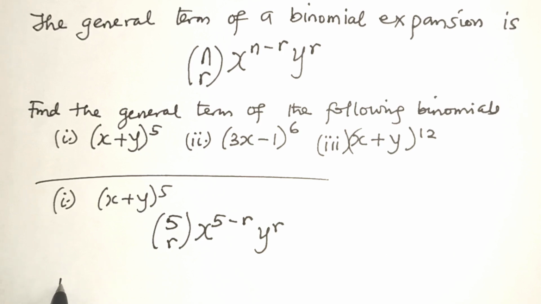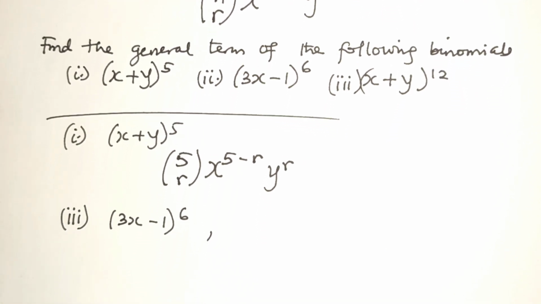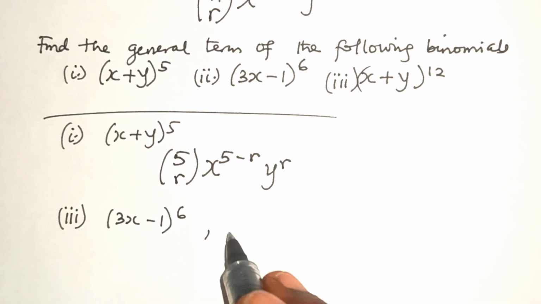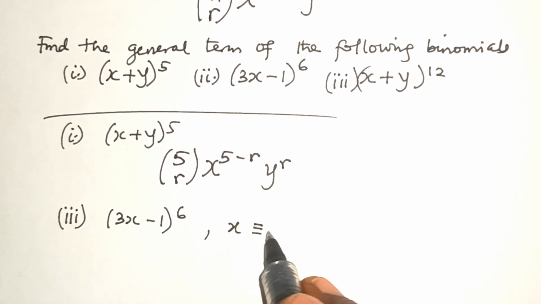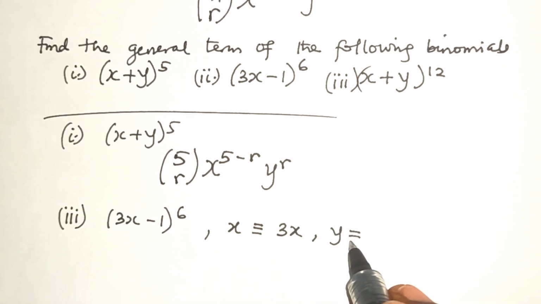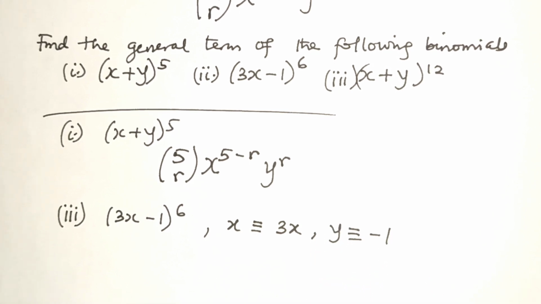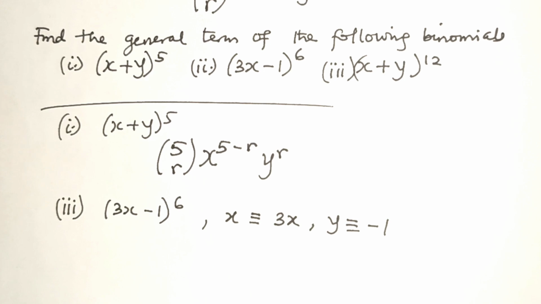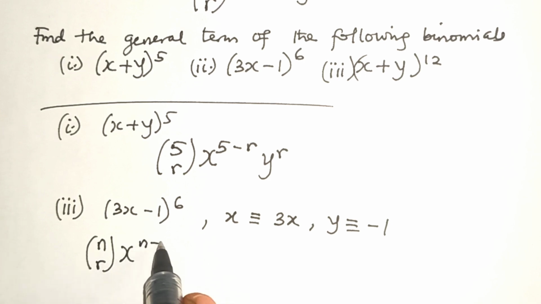Then for the second one, 3x minus 1 raised to the power 6. In this case, x is equivalent to 3x and y is equivalent to minus 1. So to find the general term, we use n combination r, x to the power n minus r, y to the power r.